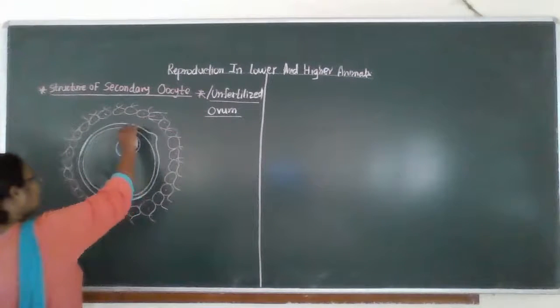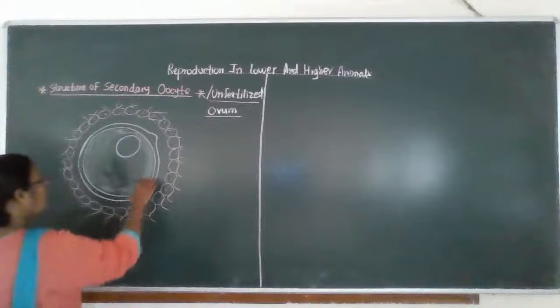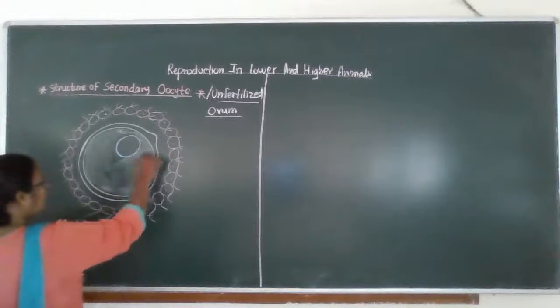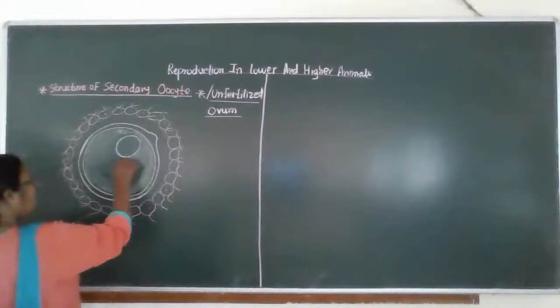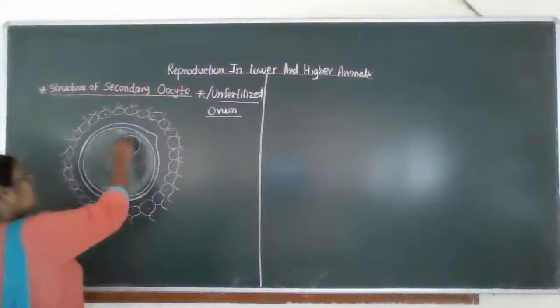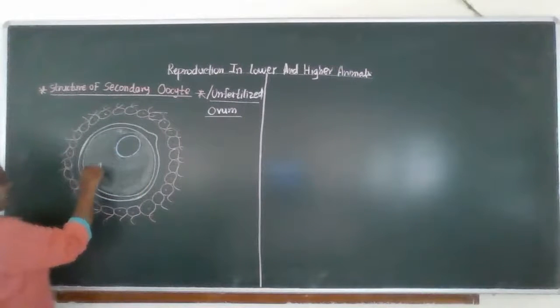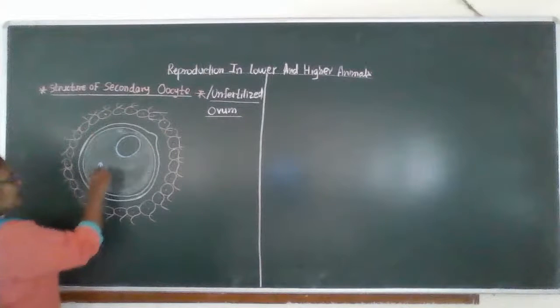So the human egg is a microlecithal egg. Why is the human egg microlecithal? Because it has an abundant amount of what? Cytoplasm.